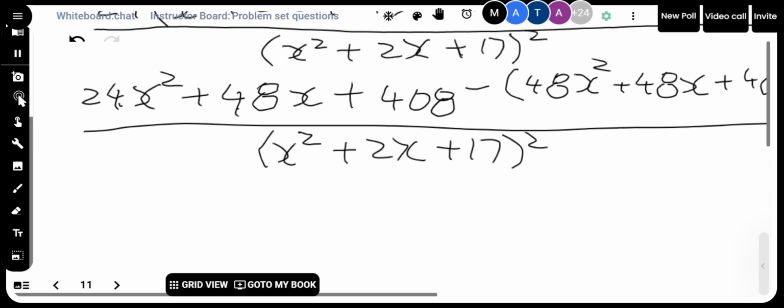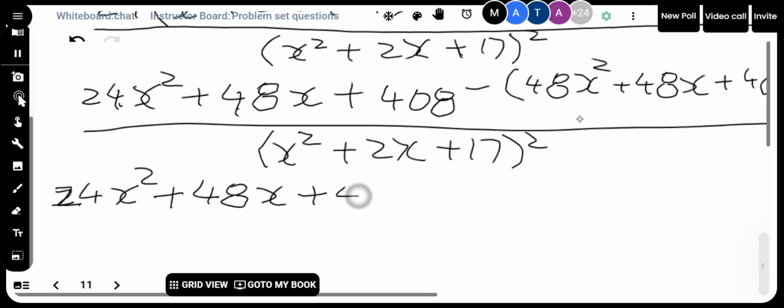So I'm thinking, by the way, before I do that, let me just minus this second bracket here, because I don't want to put too many steps in one. So 24x squared plus 48x plus 408 minus 48x squared.